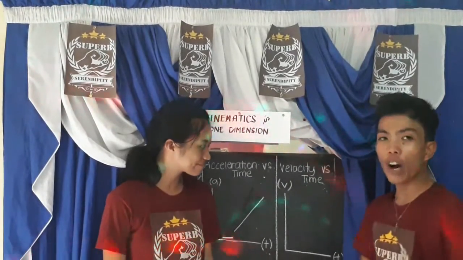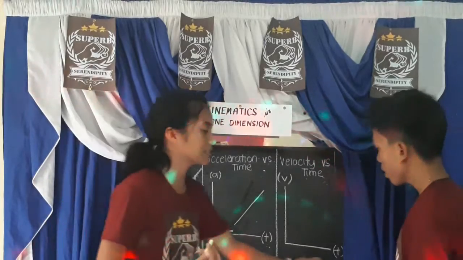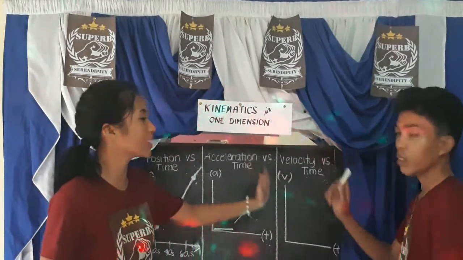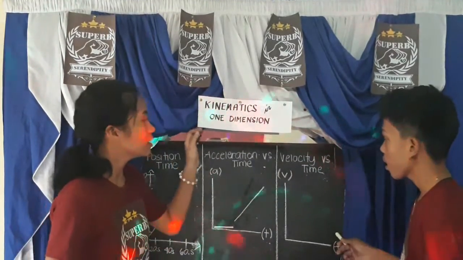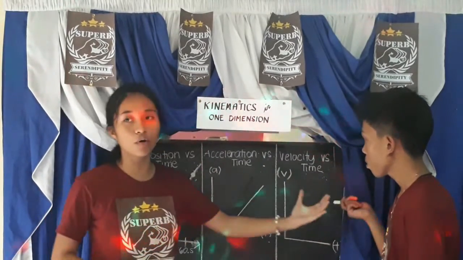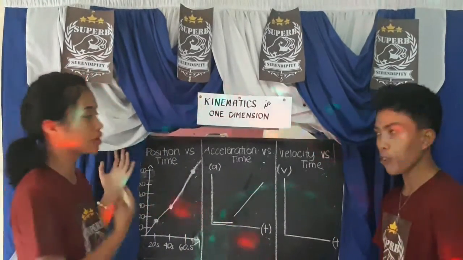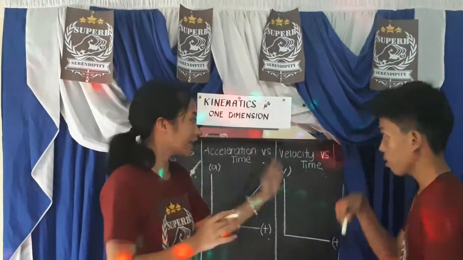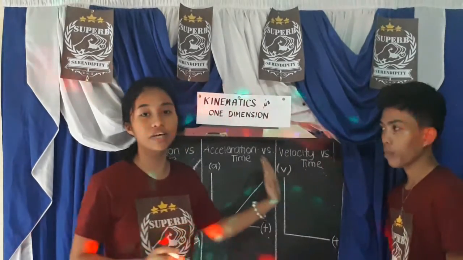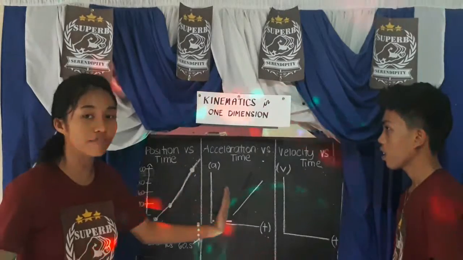And lastly, we have our velocity versus time graph. Again, for our x-axis we have our time, and for our y-axis we have our velocity. Just like what we did earlier, we are going to base our velocity versus time graph on our position versus time graph. Take note, the velocity versus time graph is just the same as what we had on our acceleration versus time graph.